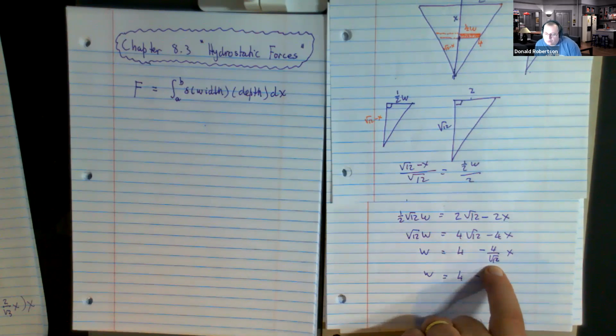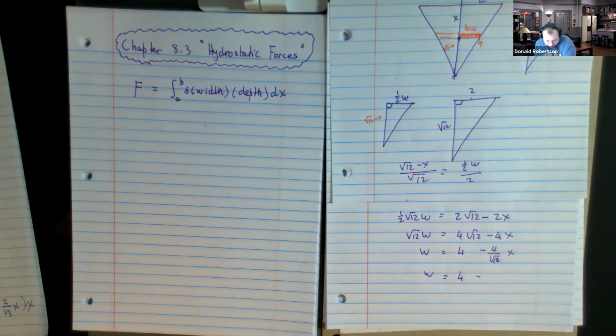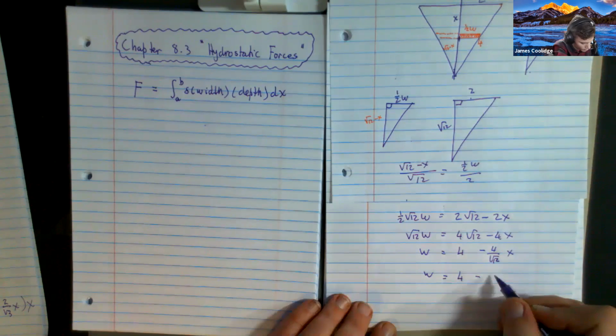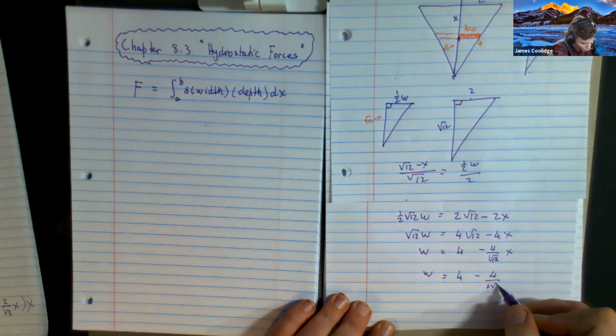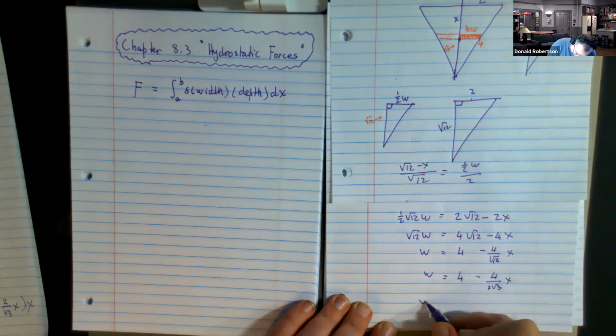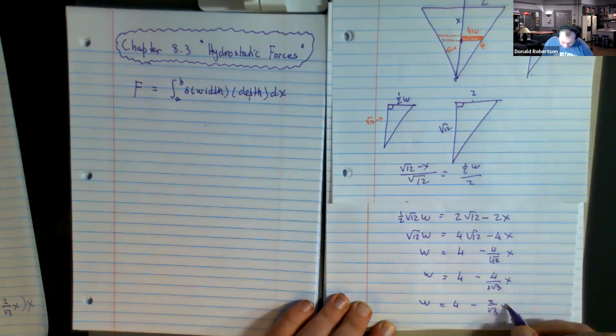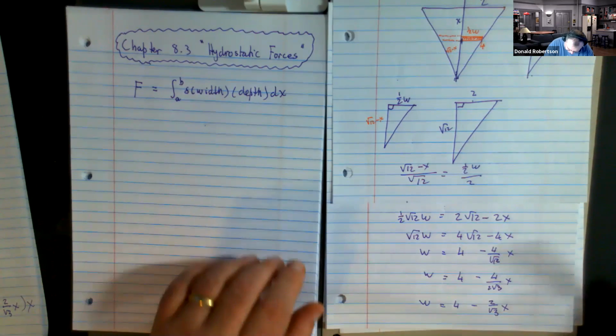Is there a way that 4 over root 12 can be made to look a little bit nicer? Four over root 12. You could take a 2 out of the radical. And that's what they do. So we now have the 2 pieces that we need.